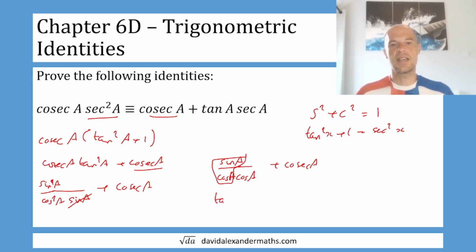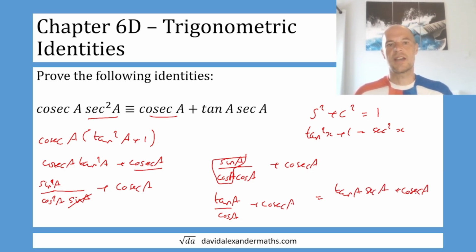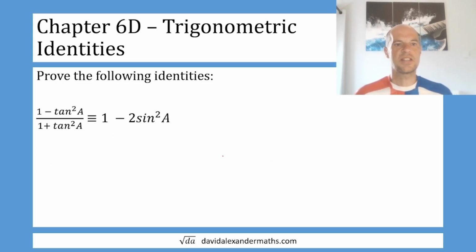So what I have there is tan A over cos A plus cosec A, and cos as a denominator is sec as a numerator. So that is tan A sec A plus cosec A, which is what we want. Of course, we can always just write it again as cosec A plus tan A sec A, just to be on the safe side. Okay, so here's another proof.